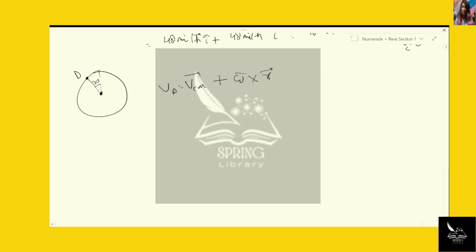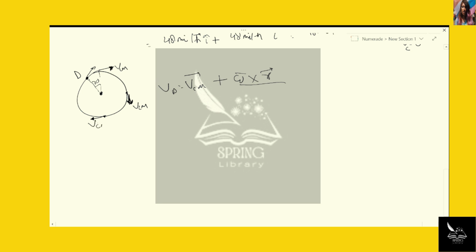By the way, whenever we are doing omega cross R, you can see that the rotational component of velocity is always going to be perpendicular. So at this point, it was pointing downwards. At this point, it was pointing leftwards. At this point, it was pointing rightwards. So these are the rotational components.